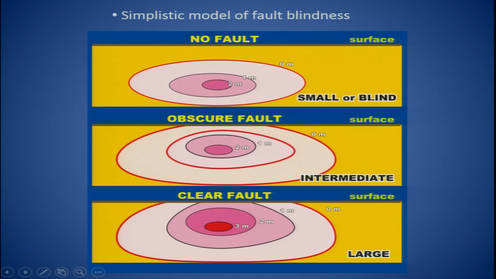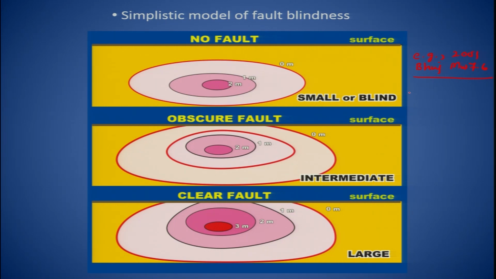So, you may say that the earthquake which took place, as I told the example of 2001 Bhuj, was magnitude 7.6. So, even it was a large magnitude earthquake, then why did it not reach the surface? Okay. The reason could be that the energy was not sufficient enough to displace the material in that region.